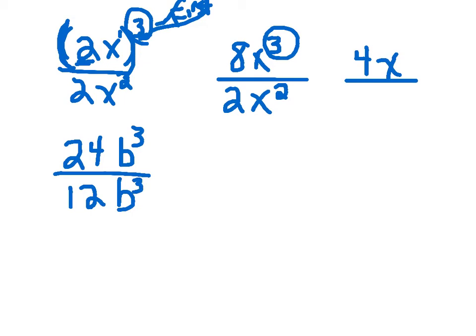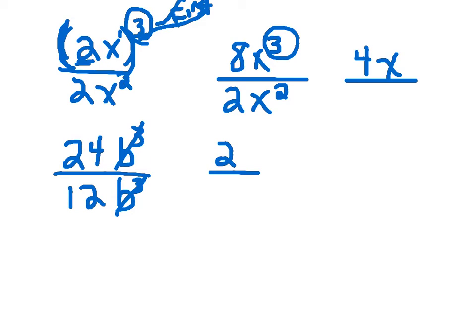Well, we can see that in this problem, we're going to divide our coefficients. 24 divided by 12 is 2, and that's on the top because 24 is bigger than 12. What is b to the third divided by b to the third? Well, any number divided by itself is 1. Each one of these cancels out, so our final answer is 2. There are no more variables.